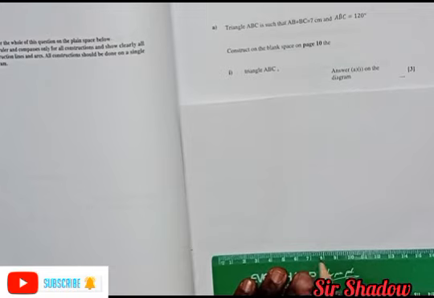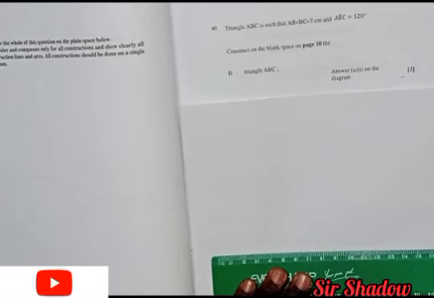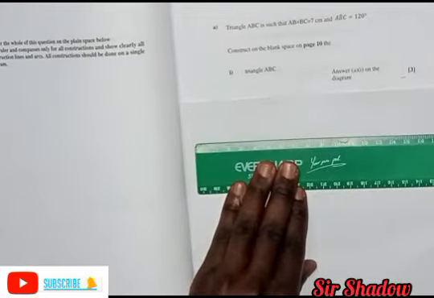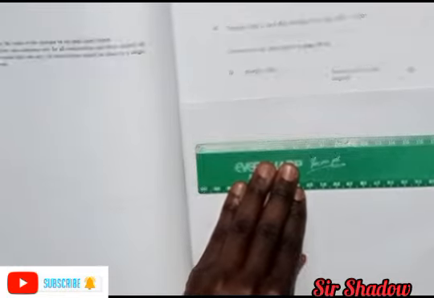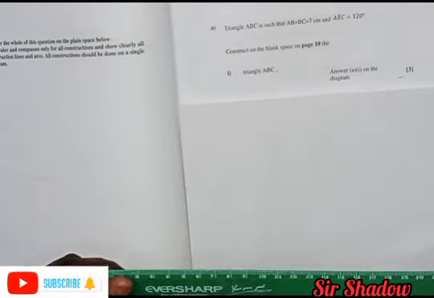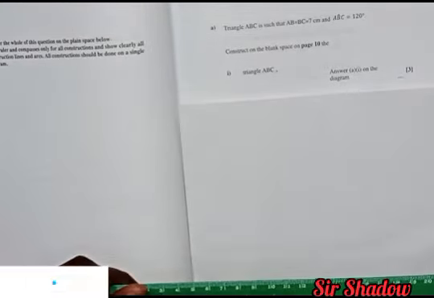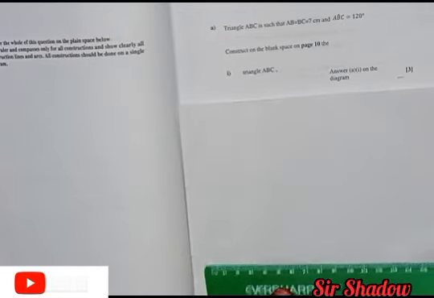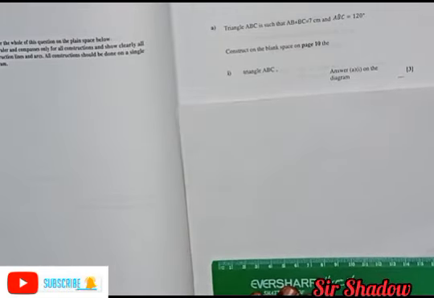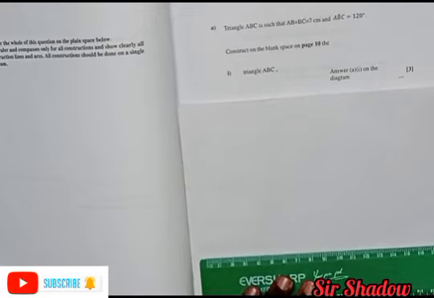Please, when drawing the first line, don't draw near the margin or near the end of the paper. Why? Because you don't know the direction of your triangle ABC. So you have to draw the first line approximately near the center.